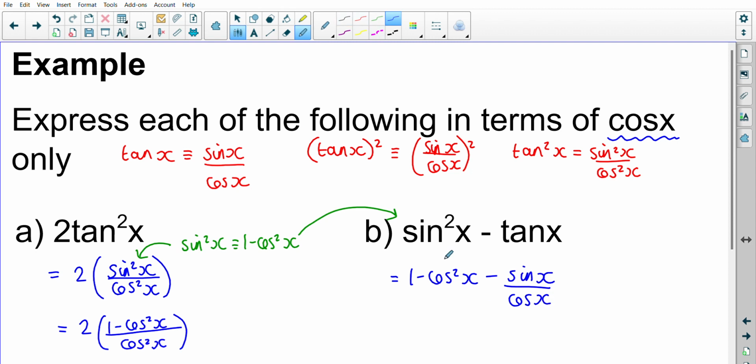This is fine, the first part, 1 minus cos squared x, it's fine. It's just the numerator bit of the fraction that needs to change. Just have a think, see if you can get creative. How can I change the sine x?